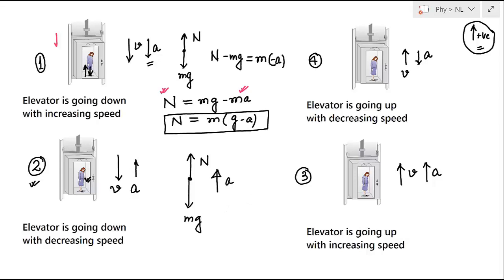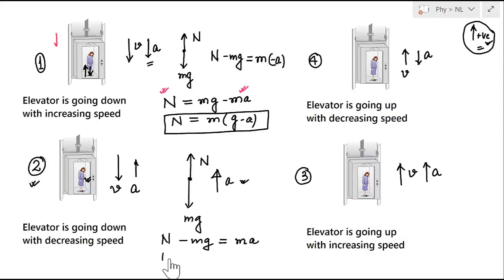So now I can write the equation of motion: N, that is positive, and mg is negative because this is in the downward direction, equals mass times acceleration. Acceleration is upward, and we have assumed that the upward direction is the positive direction, that is my sign convention for this problem.